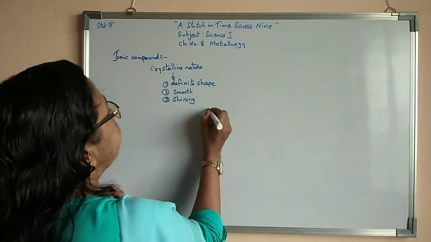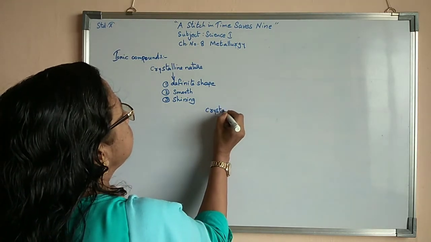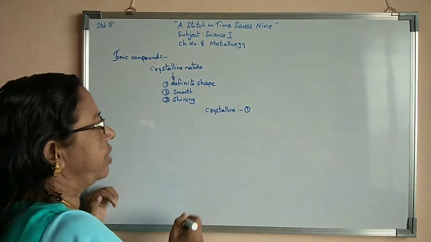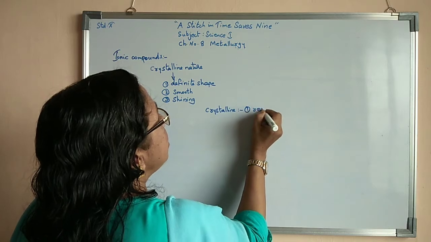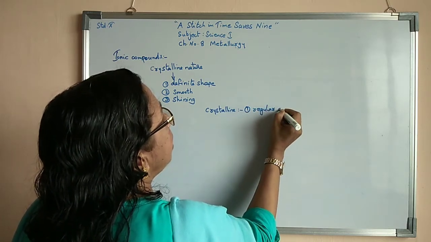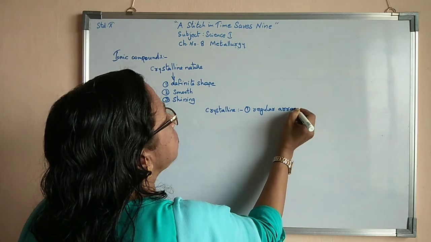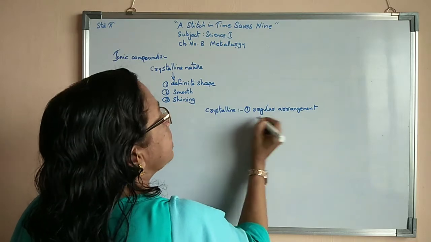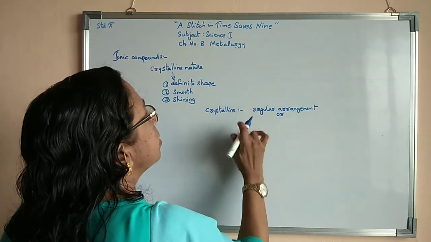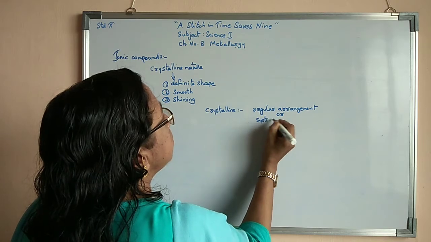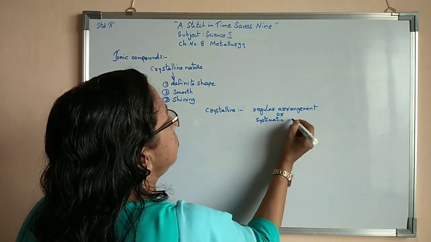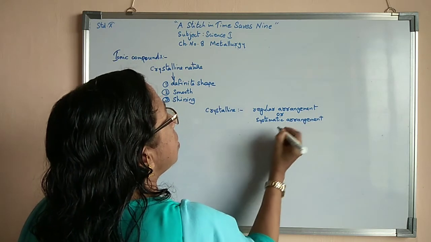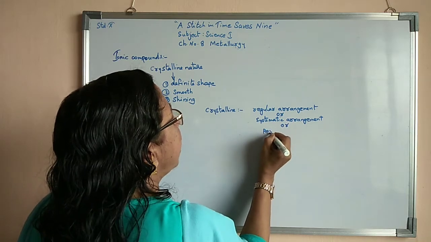Now here, crystalline means having a regular arrangement, or systematic arrangement, or periodic arrangement.